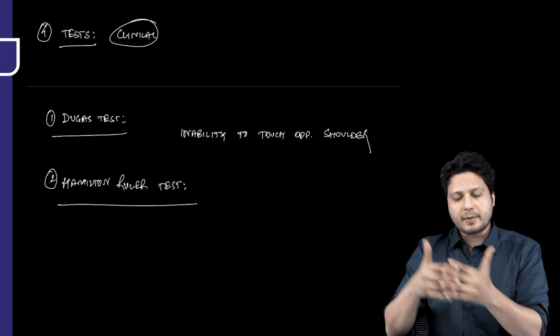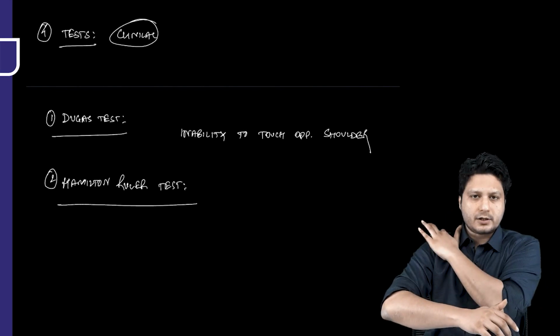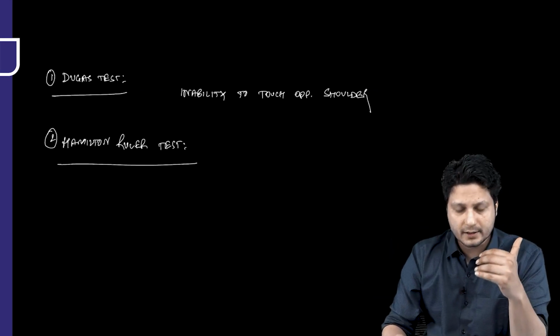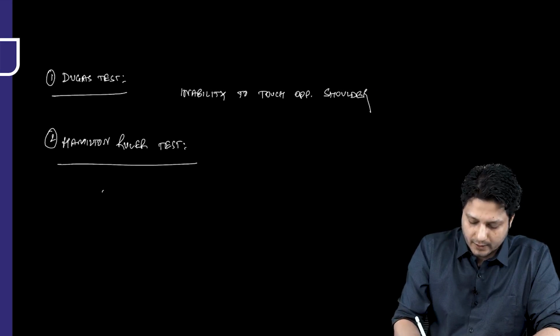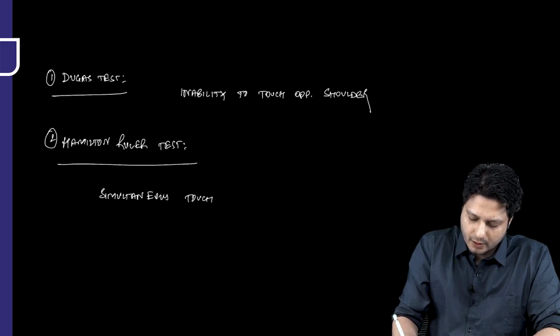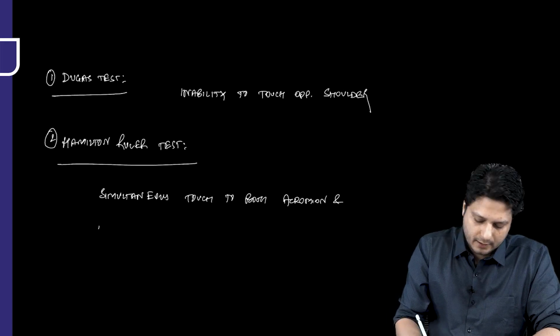But in case of a person who is having a normal shoulder without any dislocation, you won't be able to touch the two processes simultaneously. Alright. So, in case of Hamilton ruler test, what you get in anterior dislocation of the shoulder is a simultaneous touch to both the acromion and lateral epicondyle.